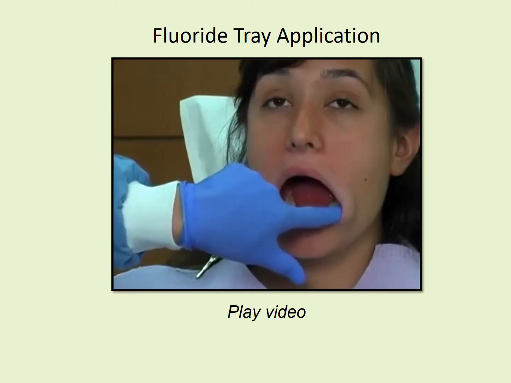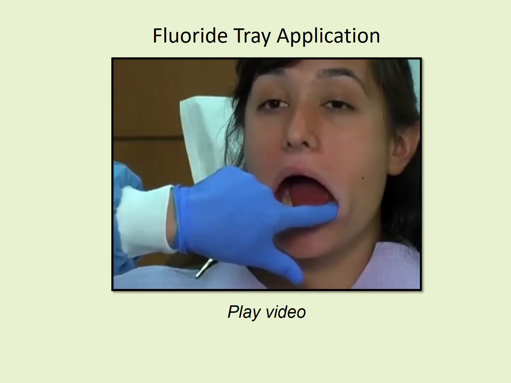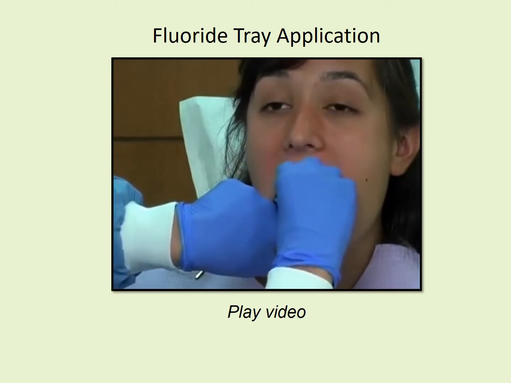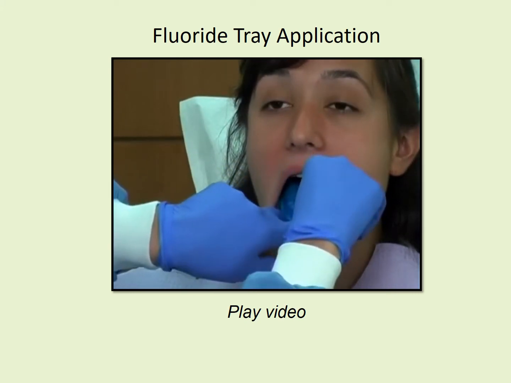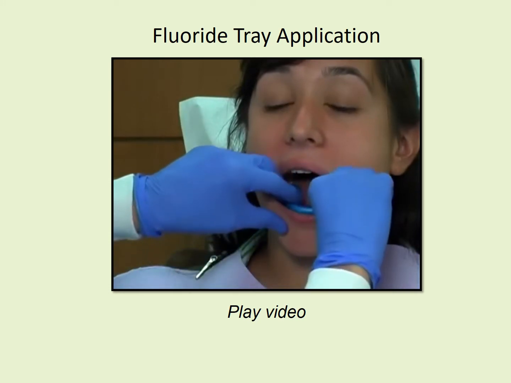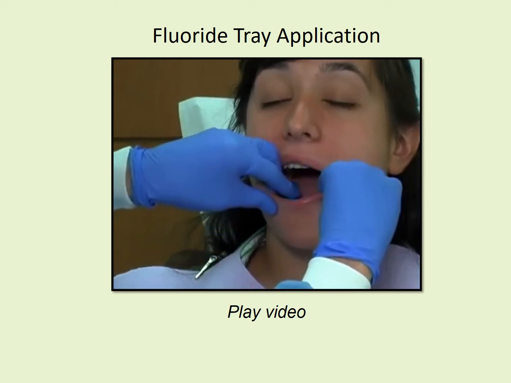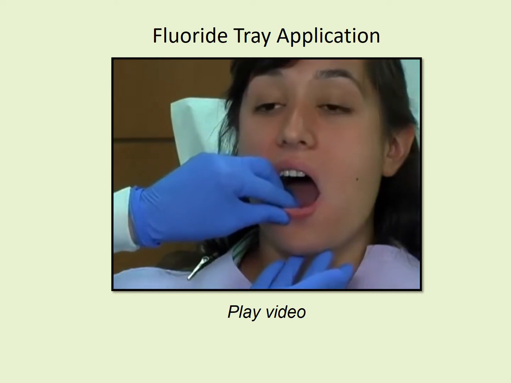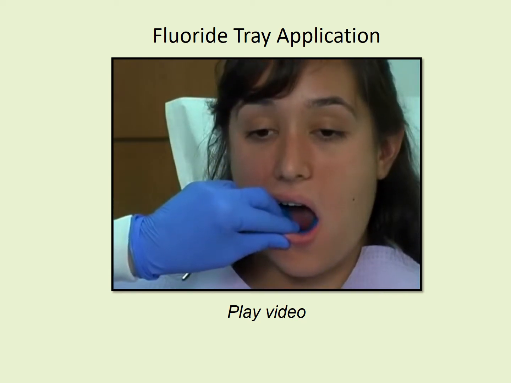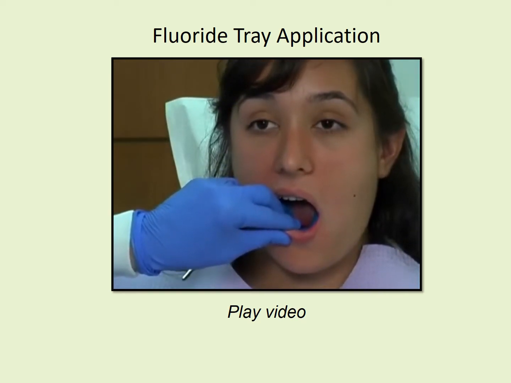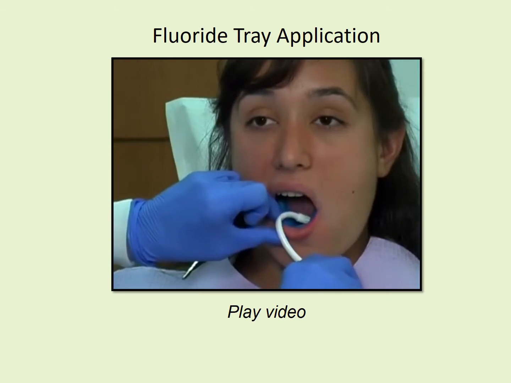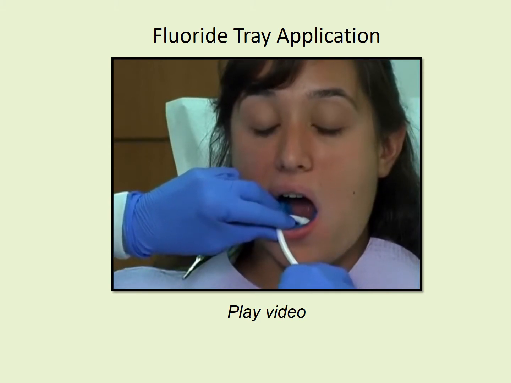Without removing the fingers, insert the mandibular tray over the teeth. Lift the patient's lower lip around the tray. The patient's head should be tilted forward at this time to avoid ingestion of excess fluoride. And a saliva ejector should be placed under the tongue.